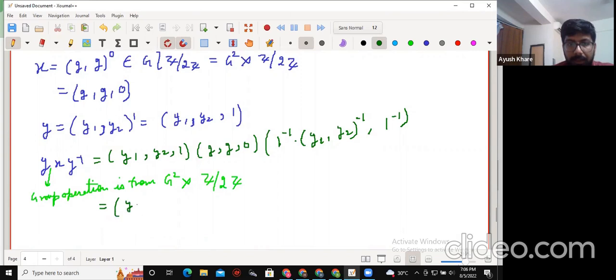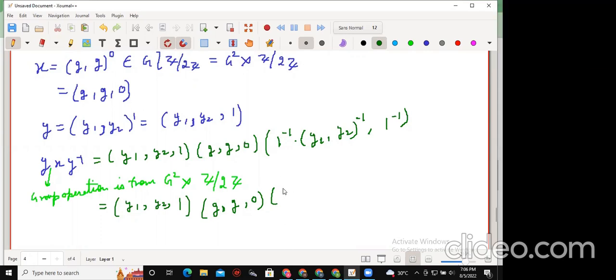This is the most interesting question in the entire assignment sheet, so that's why I'm giving it more time. And that will clear all your doubts regarding semi-direct products. If you understand this question clearly, then you should be able to deal with the problems related to semi-direct products. So 1 inverse, here this inverse is in the group H, which is here Z2. So what is the inverse of 1 in Z2? 1. Yes, 1.